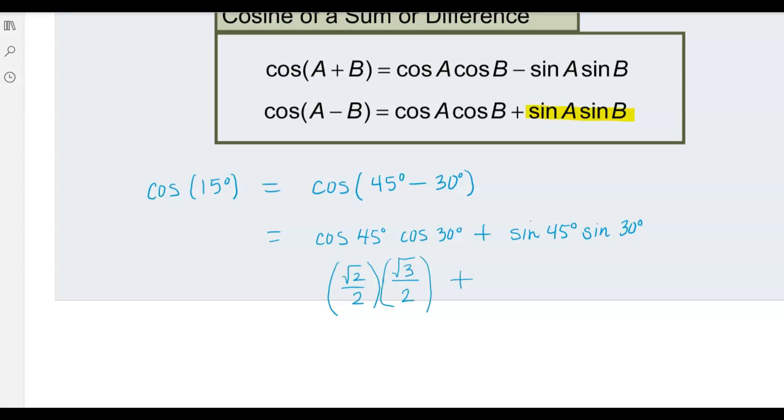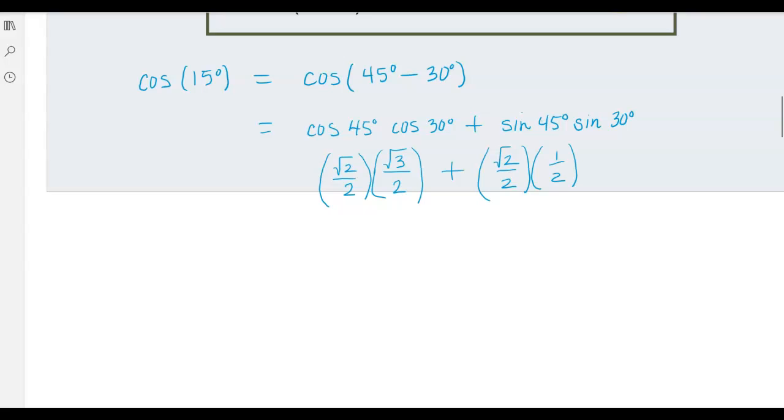The sine of 45 degrees is square root 2 over 2. And the sine of 30 degrees is 1/2. Now I'll multiply these fractions straight across. When you have two square roots that are being multiplied, you can combine the two numbers together under the radical symbol. And so I'm just going to end up with square root of 6 there.